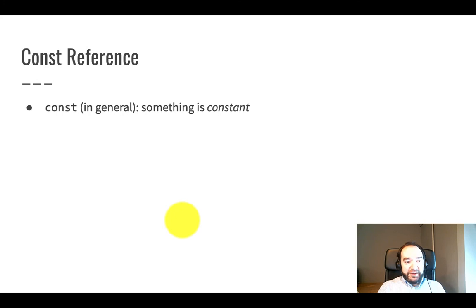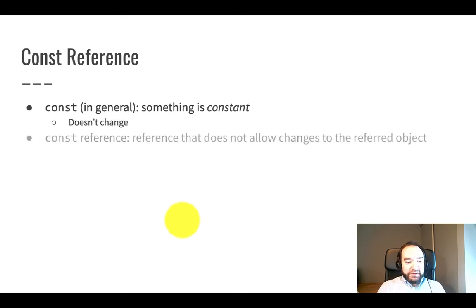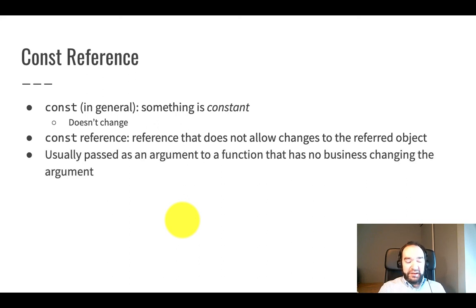Finally, we have the concept of a const reference. Const in general in C++ means that something is constant, never changing. A const reference is a reference that does not allow changes to the referred object, meaning it's a read-only view of the object. You're allowed to look at it, use accessors that tell you things about the object, but you're not allowed to use setters that alter the object.